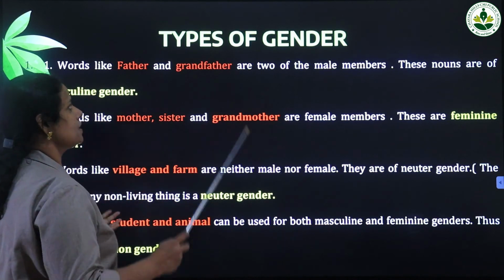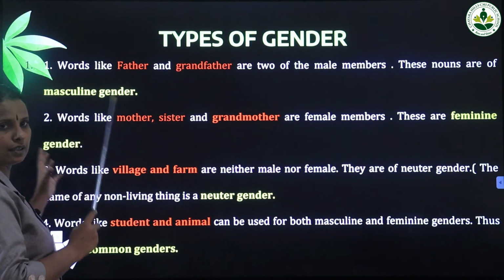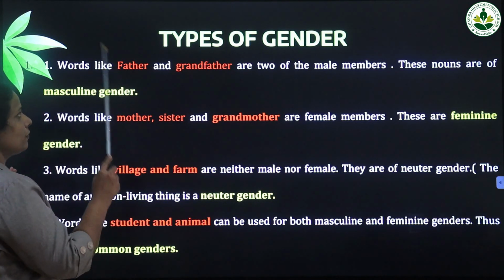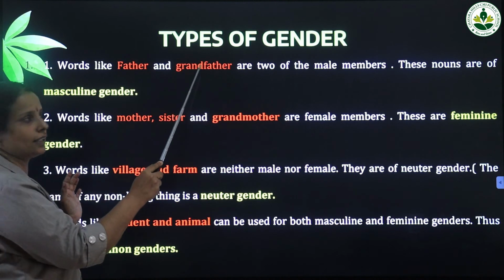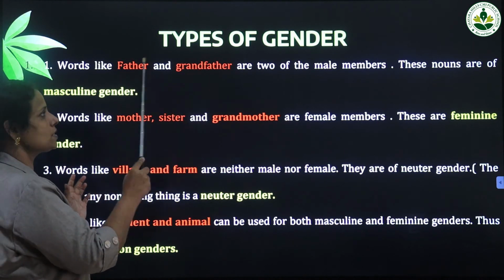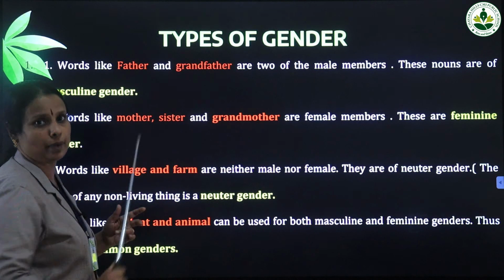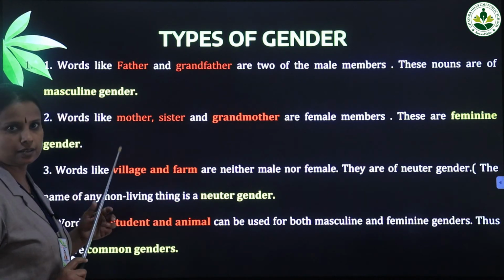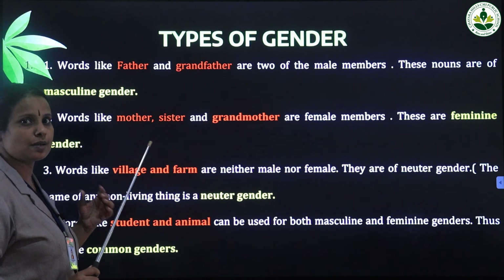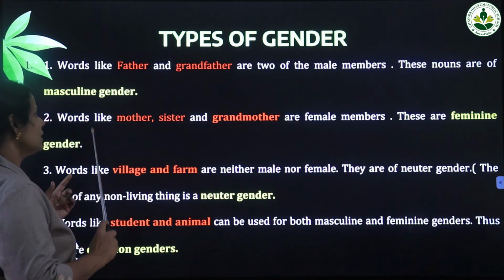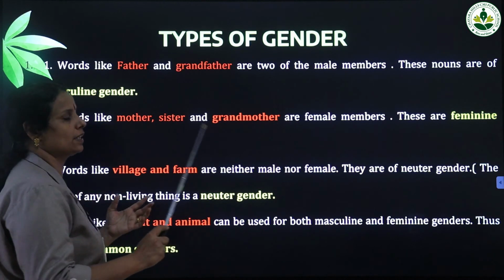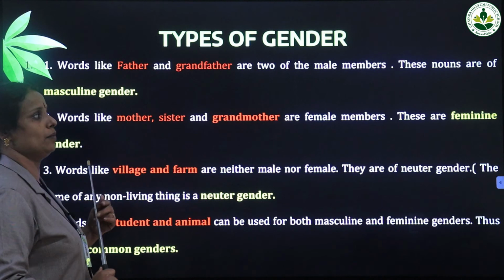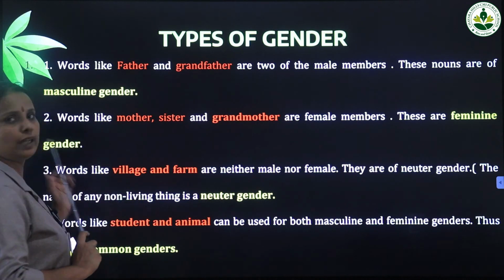Once again I will repeat, from the paragraph which we read, the words father and grandfather are nouns and those nouns represent male members. So those nouns are called masculine gender. Masculine gender means male members. Then mother, sister, grandmother represent female members, so they are called feminine gender.